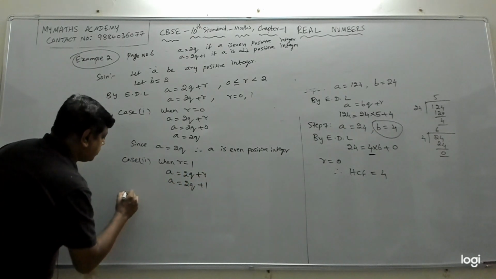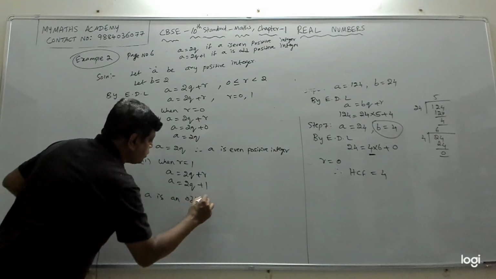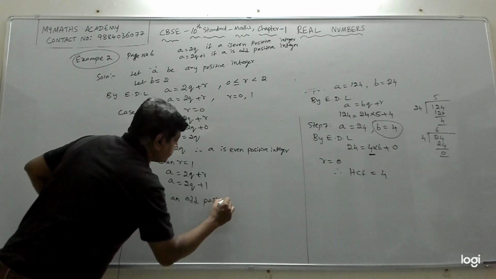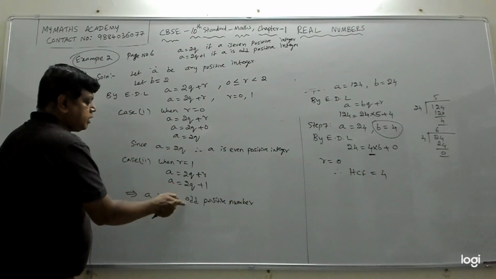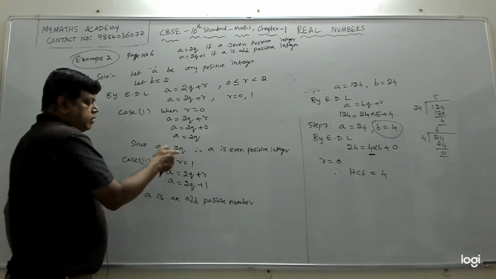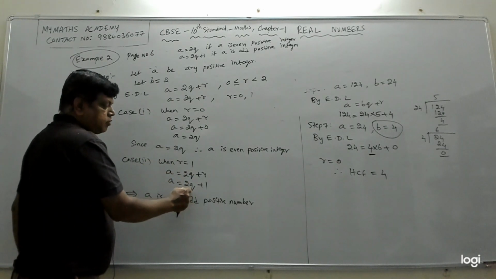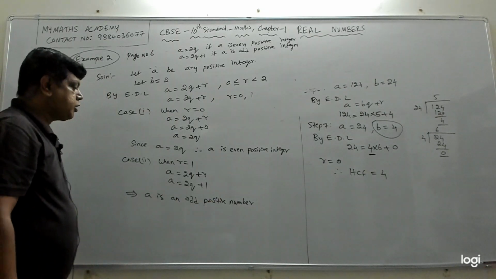So this means A is an odd positive integer, because if A has to be even, it is in the form 2Q. So here it is odd because it is of the form 2Q plus 1.